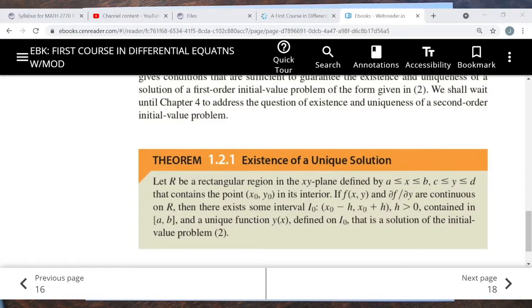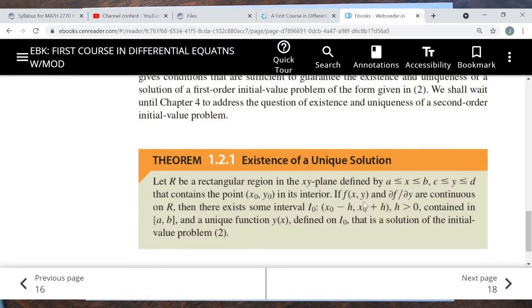So suppose R is a rectangular region in the xy plane, so the x coordinates range from, say, A to B, the y coordinates range from C to D, creating some rectangular region. And that contains the point that's mentioned in the initial condition, it contains the point x0, y0 in its interior.